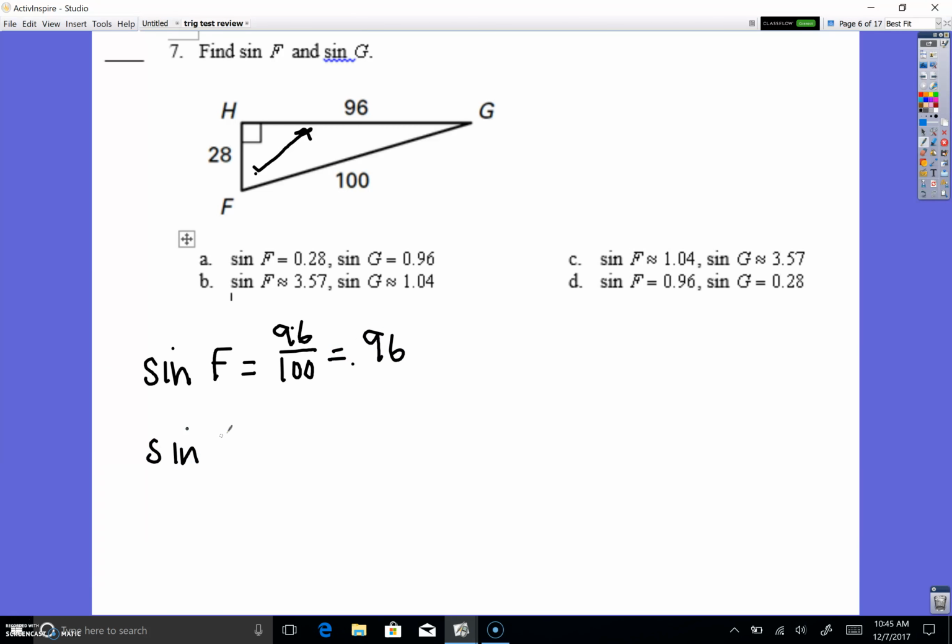Sine g, okay, g opposite is over here, is equal to 28 over 100, which is 0.28.